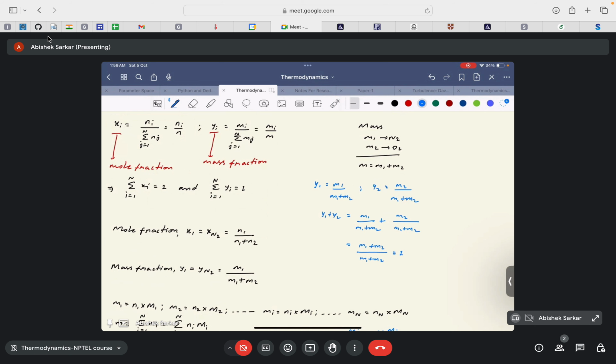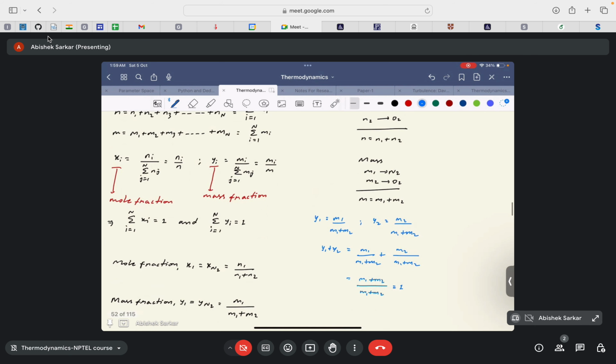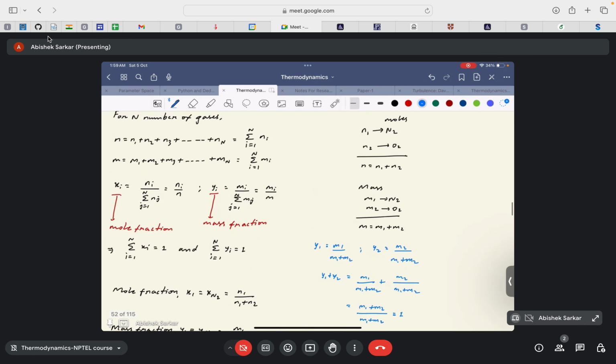I will give you 1 minute to digest the topics that we've discussed till now, the definition of a mixture of gas, and the definitions of mole fraction and mass fraction. These are definitions you should be well versed in, because you will be dealing with some manipulations of them in the later part of today's discussion.